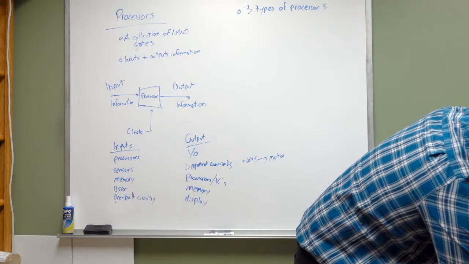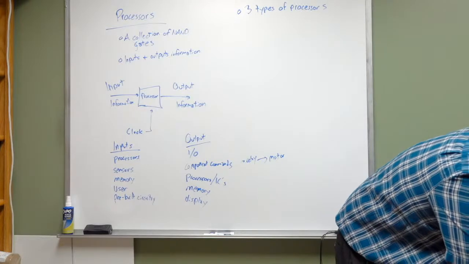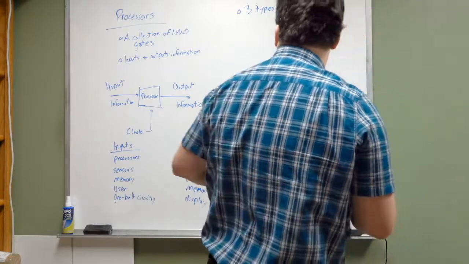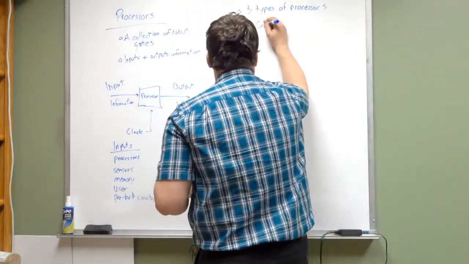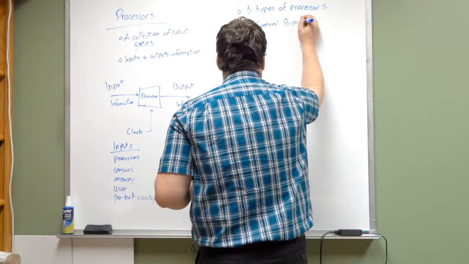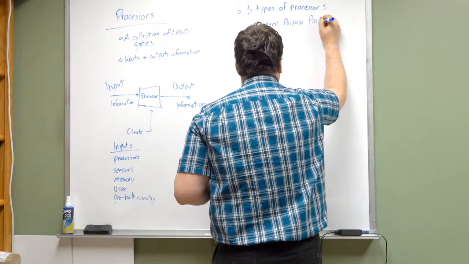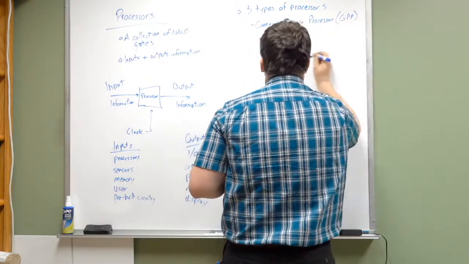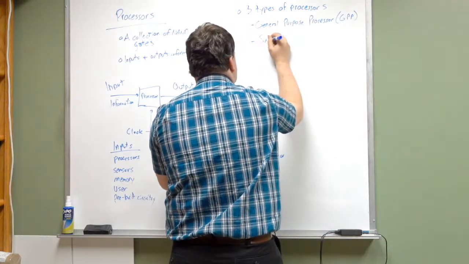The 3 types are a general purpose processor, which is a GPP. It's a single-use processor.